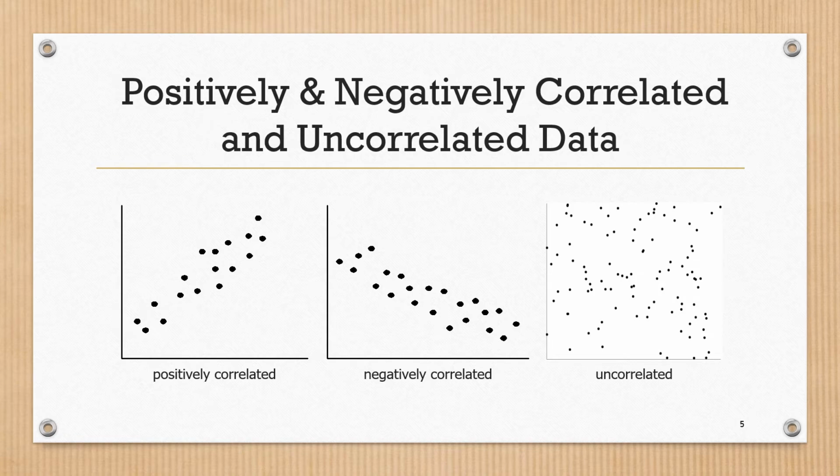The scatter plot in the middle depicts two negatively correlated attributes. As you can observe, when the attribute in the x-axis increases, the other attribute in the y-axis decreases. The scatter plot on the right illustrates two uncorrelated attributes. The points are randomly scattered in the plot, which indicates that the two attributes are uncorrelated.